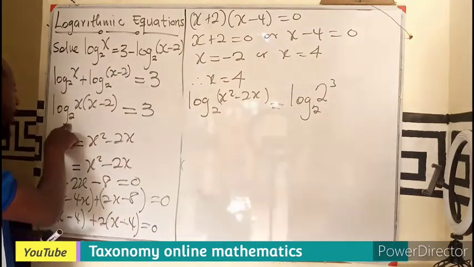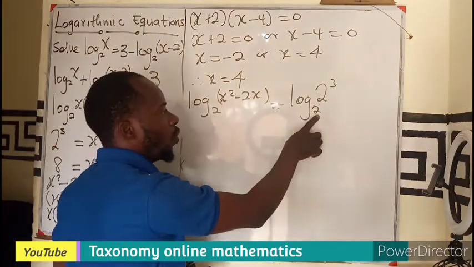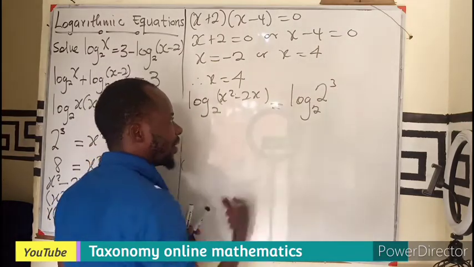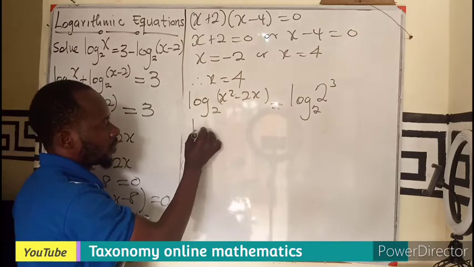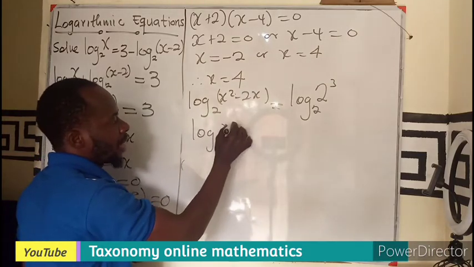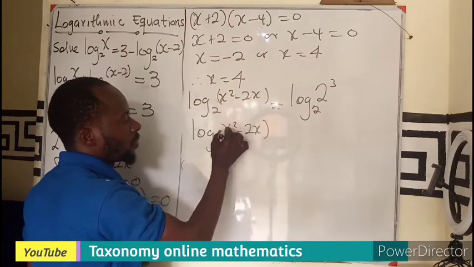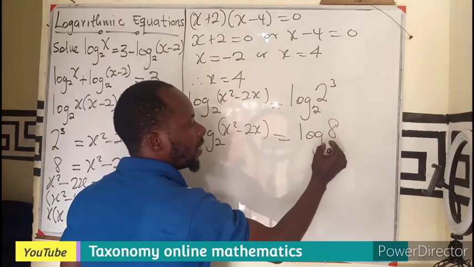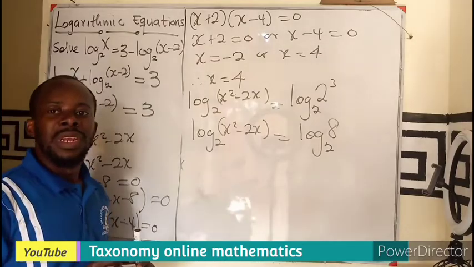Don't forget we are in base 2. So this will be in base 2 in order for me to get this to be 1. So that can be written as log x squared minus 2x base 2 equals log 8 base 2.